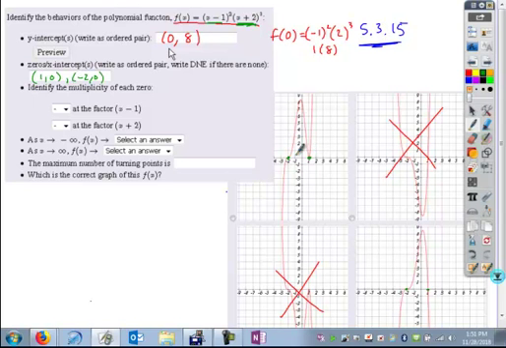Next, you're going to look at the multiplicity, and the multiplicity tells you what the behavior of the graph is. If it's a 1, it goes straight through. If it's a 3, it's going to curve up and through. If it's a 2, it's going to bounce off. At the zero at x equals 1, you have a power of 2, so the multiplicity is 2 for that factor.